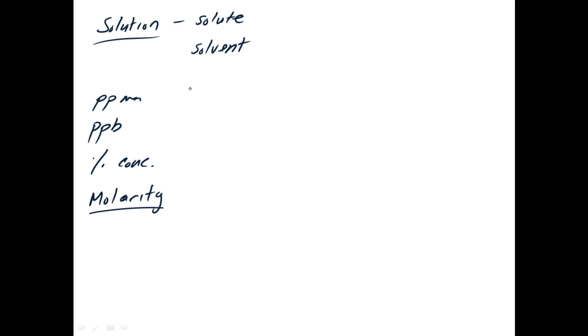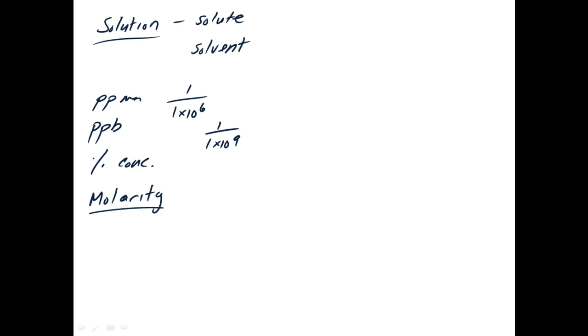So parts per million, well, that means 1 over 1 times 10 to the 6, which is a million. So a part per million is 1 divided by 1 times 10 to the 6. A part per billion is 1 divided by 1 times 10 to the 9th.